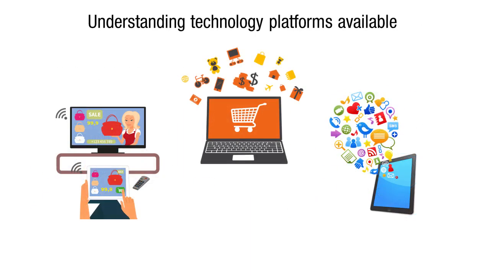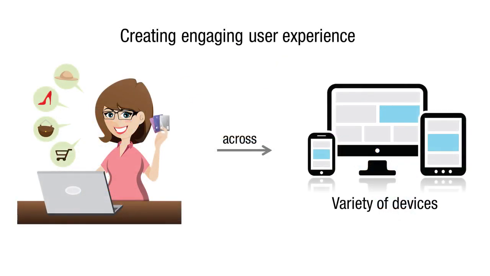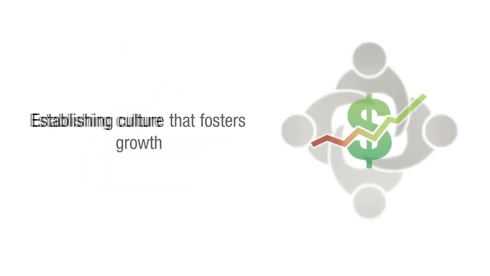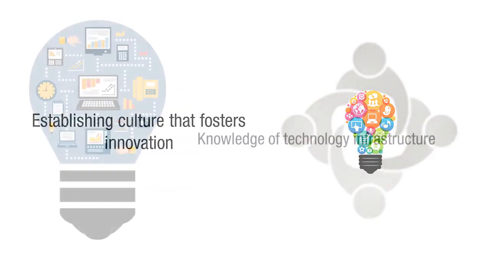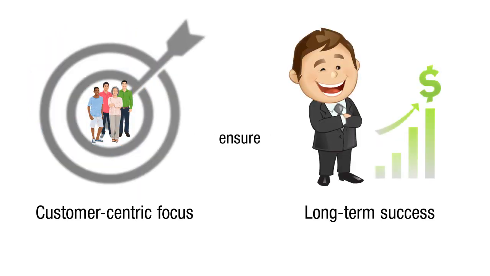Understanding the technology platforms available and the best practices for creating an engaging user experience across a variety of devices is also important. Digital marketing changes happen at a fast pace, and establishing a culture that fosters growth and innovation, knowledge of technology infrastructure, and a customer-centric focus will help ensure long-term success.